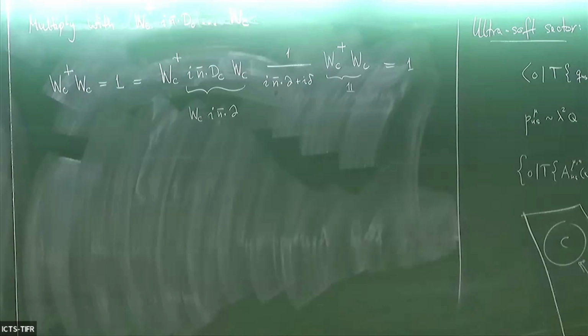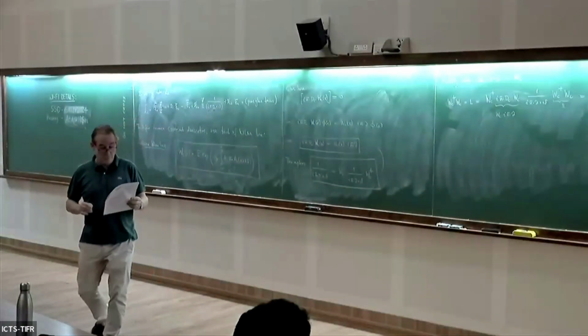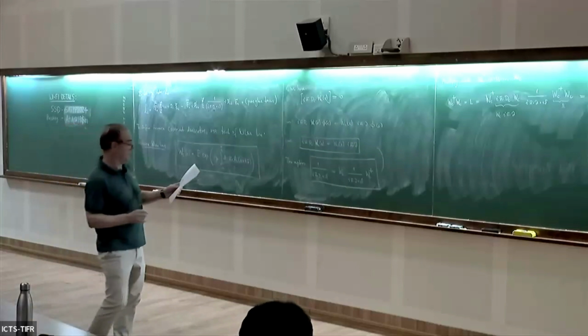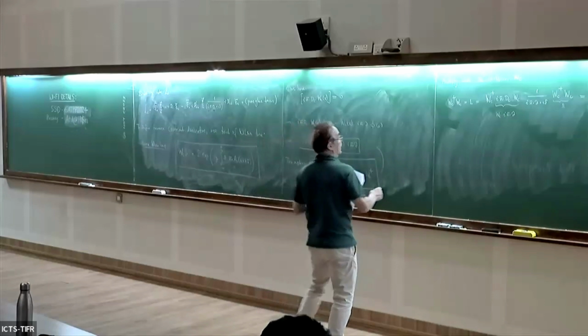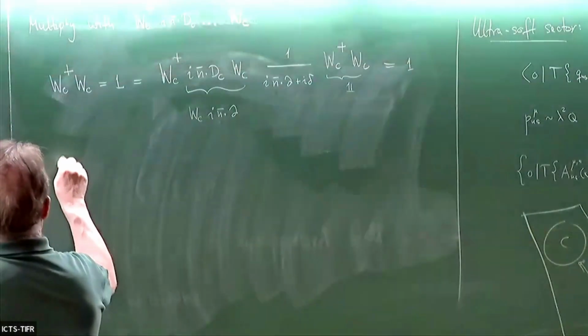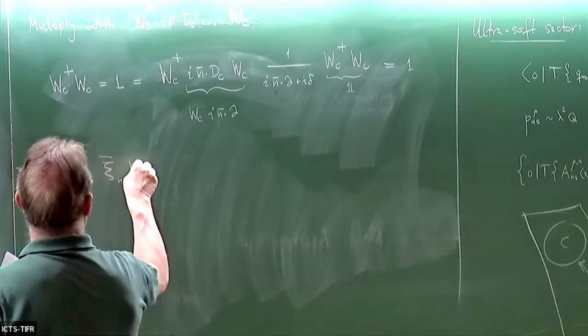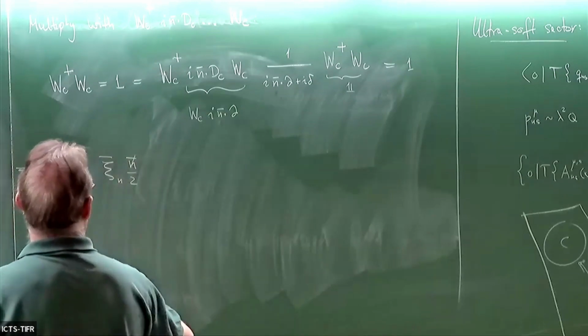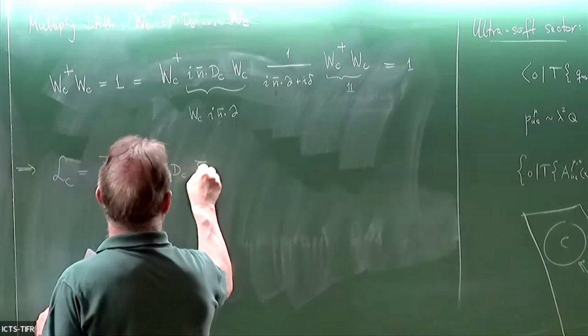Okay, so this is the equation we need, because if we use this equation here, it lets us turn an inverse covariant derivative into an inverse ordinary derivative. Okay, so let me just write this equation and then we come to an end. So L_C now we have in the following form: chi bar n slash bar over 2 i n dot D collinear chi_n.